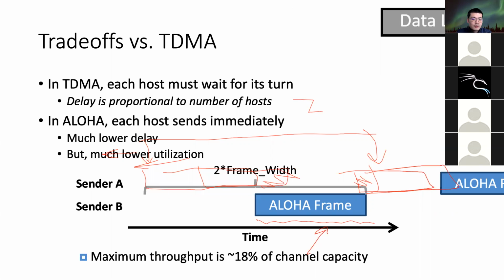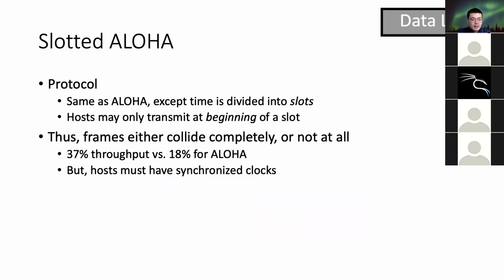So this means your utilization rate is 18%, which is half of the other one, slotted Aloha, because there you have the slot. The difference is that you have to wait for the next slot before you can send. You can only send at the beginning of a slot. If you miss the beginning of the current slot, you have to wait till the beginning of the next slot.